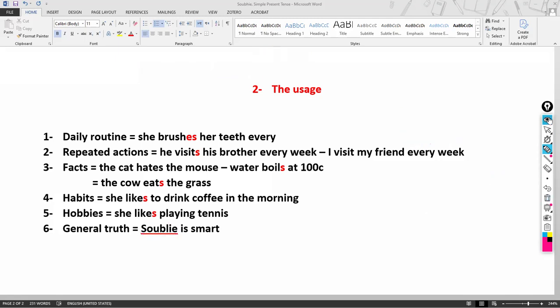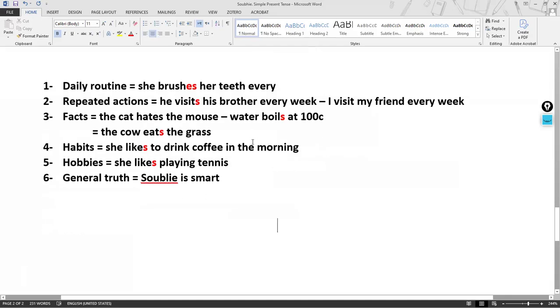So this is about the usage. Now let me talk, Subhi, about the final thing in discussing the simple present tense. Keep in mind, Subhi, that with all tenses, we have special time markers or time expressions, or I can call them keywords.